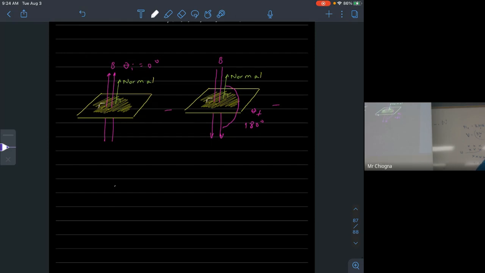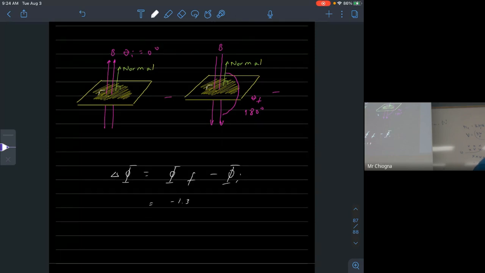Okay, so the change in flux is final minus initial. So the final is negative, and then the initial is positive. I know there's exponents. Okay, fine, I'll add those in. So you're just doubling it. It works out to be 2.66.